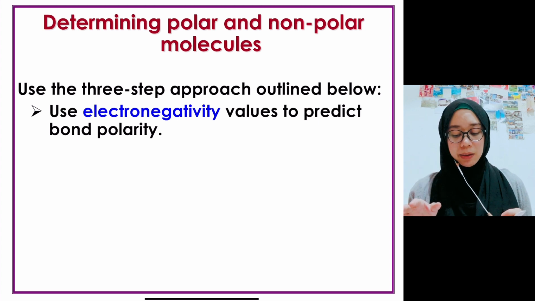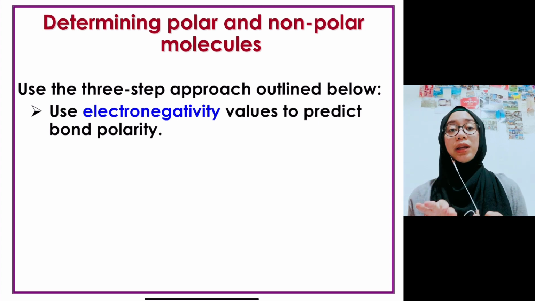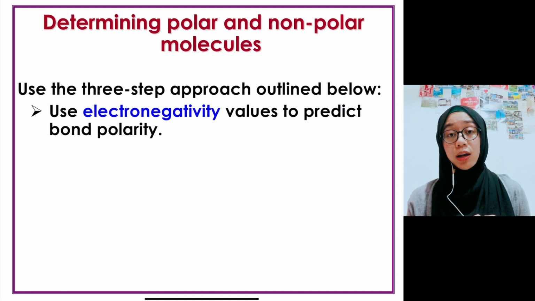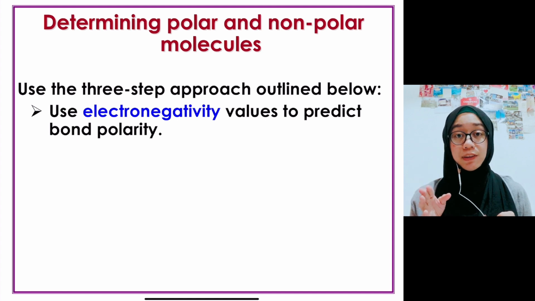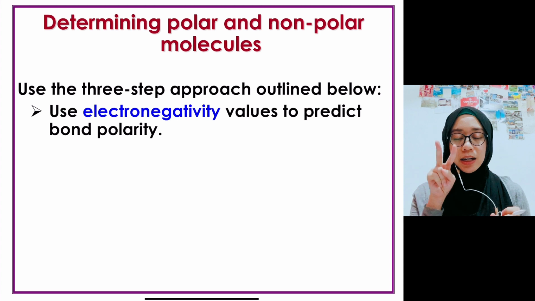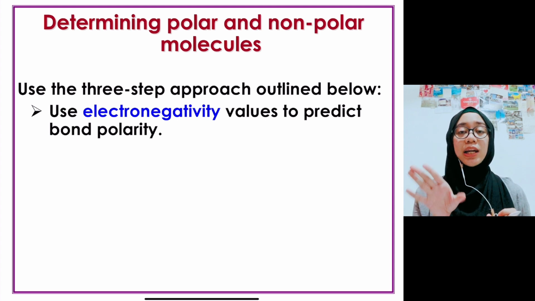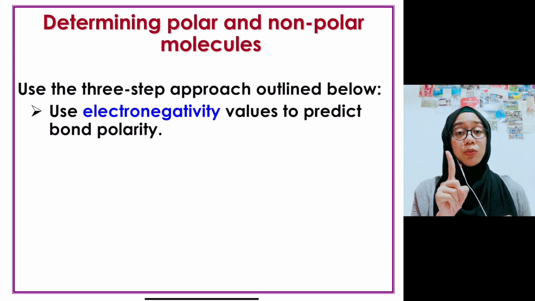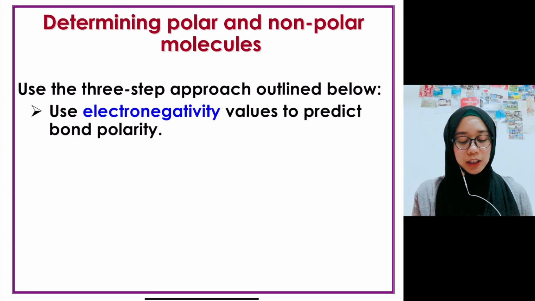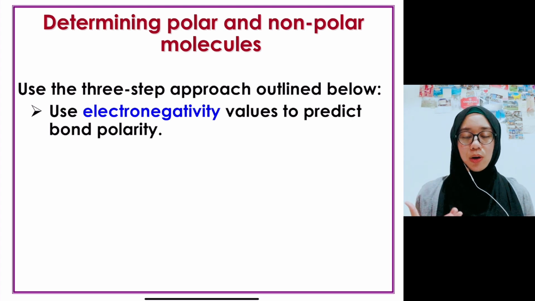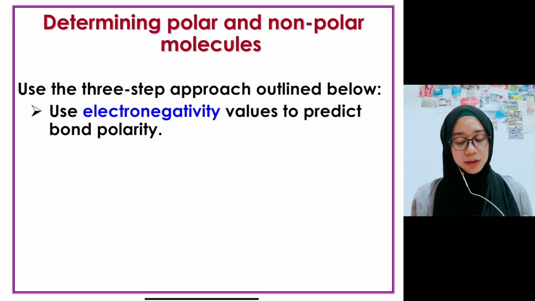Okay, tapi bila kamu dah dapat identify, oh bond yang ni adalah polar bond, maksud electronegativity adalah berbeza kan, ada antara dua atom tu electronegativity berbeza, so kamu boleh identify, oh ini adalah polar bond. So itu benda pertama yang kamu kena identify dahulu. Okay, use the electronegativity to predict bond polarity, sama ada polar bond ataupun non-polar bond.